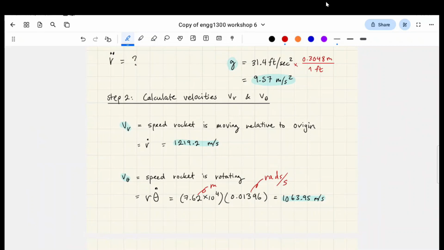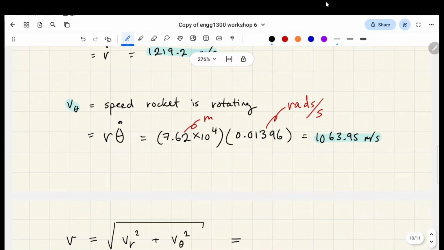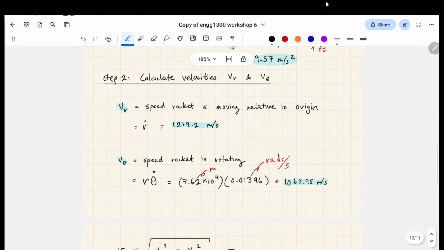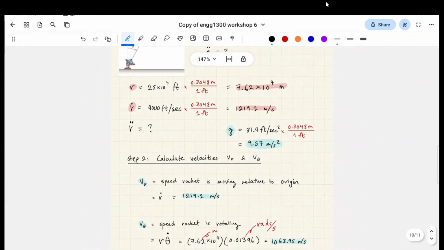Oh, did I write it wrong? Wait, sorry, which bit was wrong? Yeah, like 10 to the power 4 by 0.3. Wait, am I looking here?